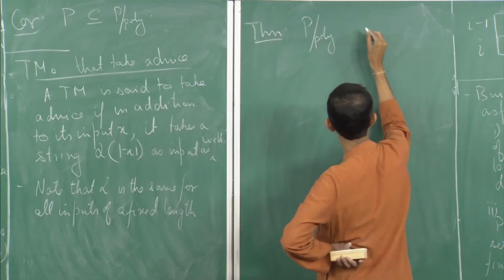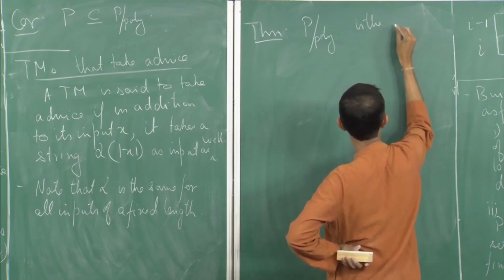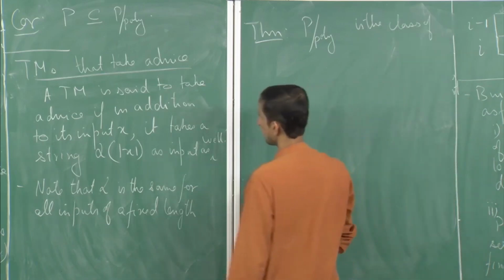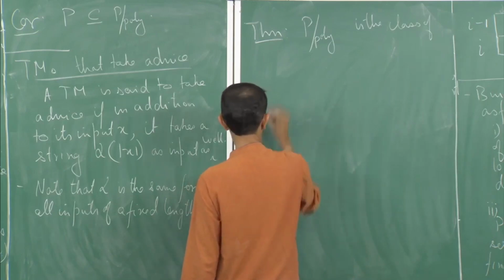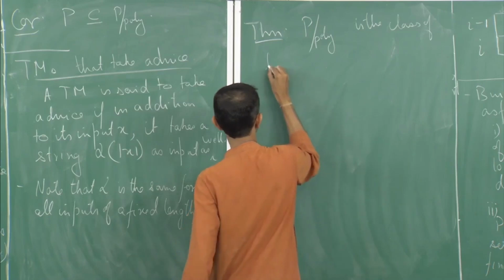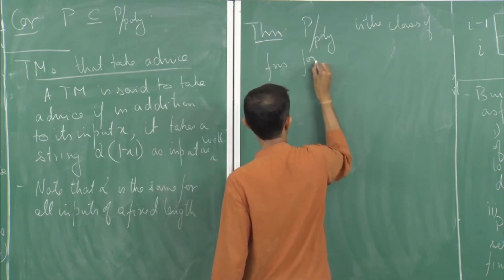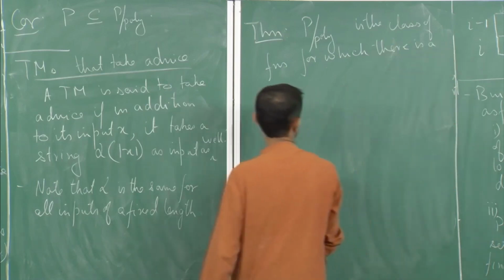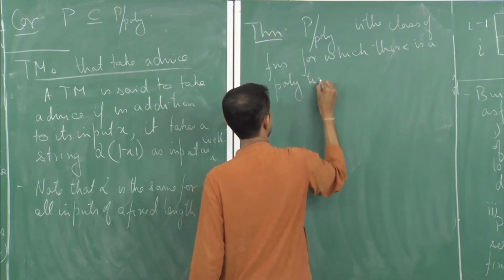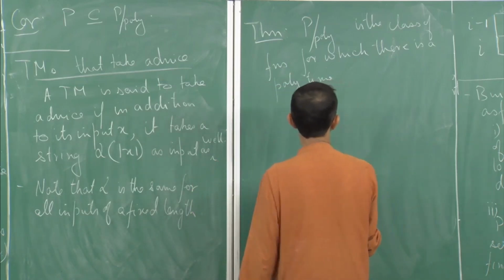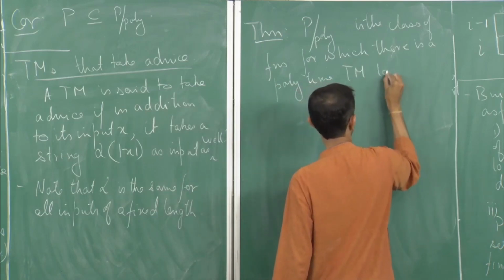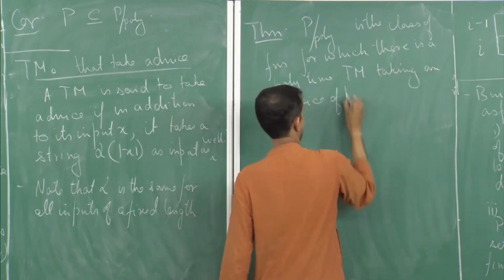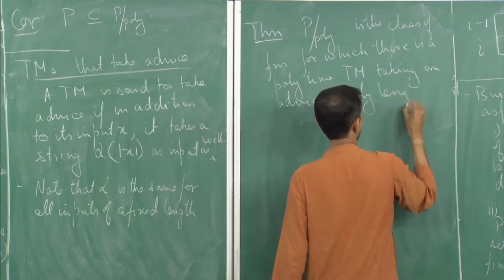P/poly is the class of functions for which there is a polytime Turing machine taking an advice of polynomial length.